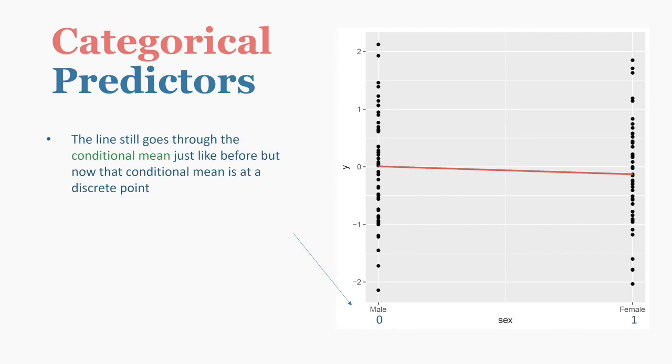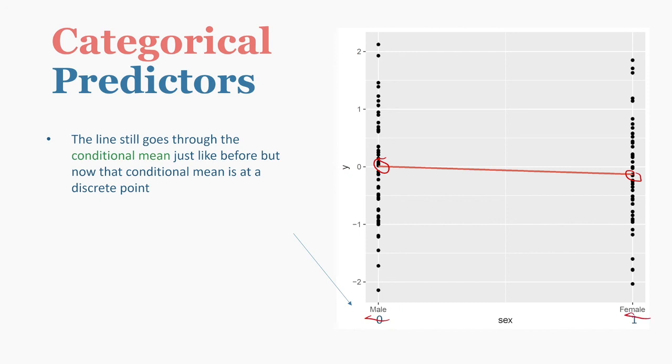So here, we have a regression line that still goes through the conditional mean, just as it has for our other simple and multiple regressions with continuous predictors. But instead here it goes through two discrete points, here and here, right? And so that's the conditional mean for males and the conditional mean for females.